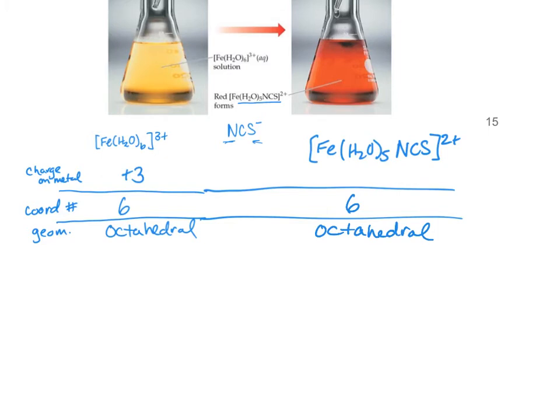We have an overall +2 charge on our iron complex. So we're going to have iron plus 5 water plus the thiocyanate equals +2. We know water has a charge of 0. Thiocyanate has a charge of -1.